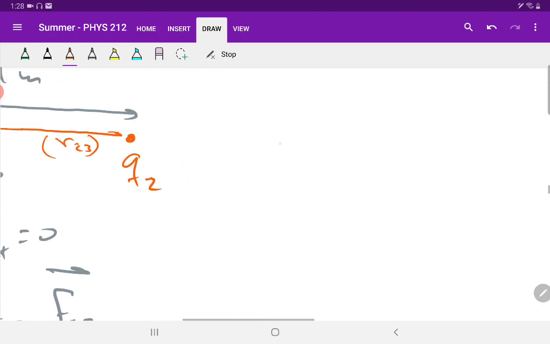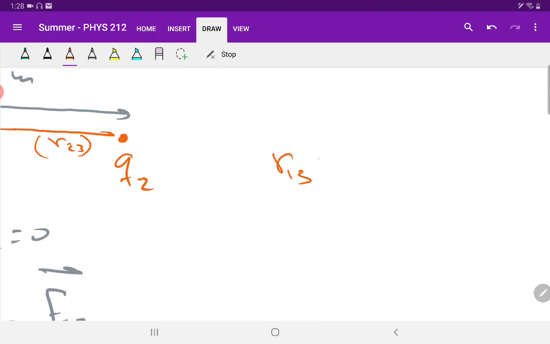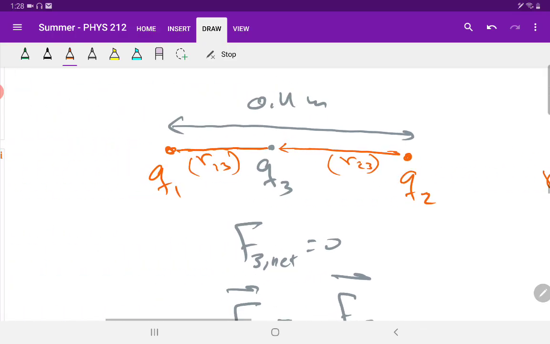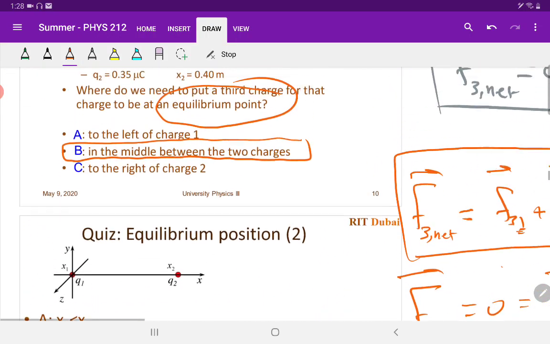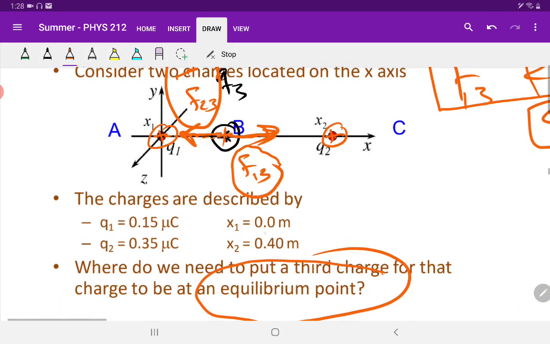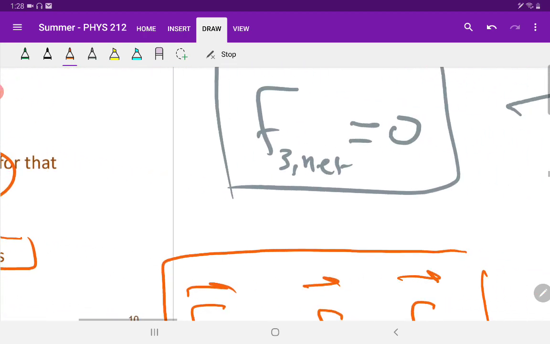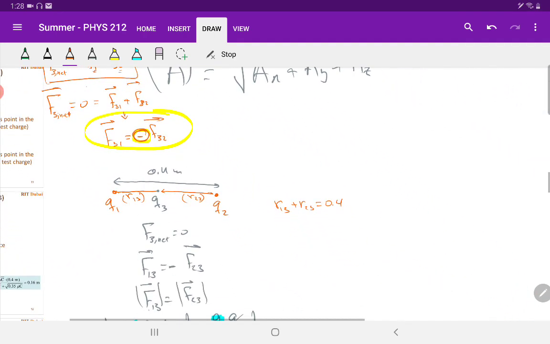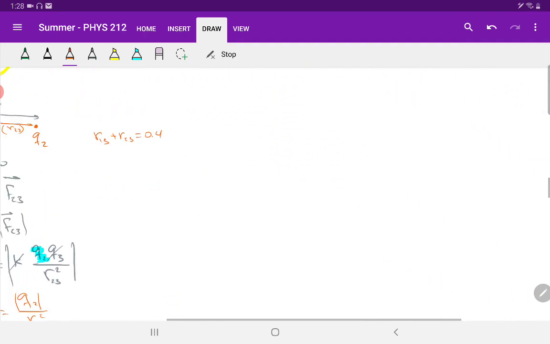And keep in mind that R13 plus R23 equals 0.4. How do we know this? From the question, because the distance between Q1 and Q2, according to this question, is 0.4. This one is located at the origin, and this one is located at 0.4. And that's a good thing to know.